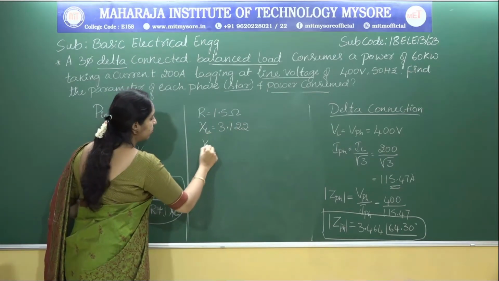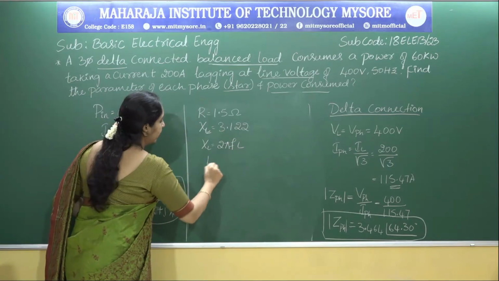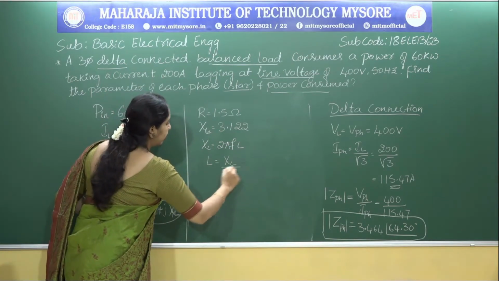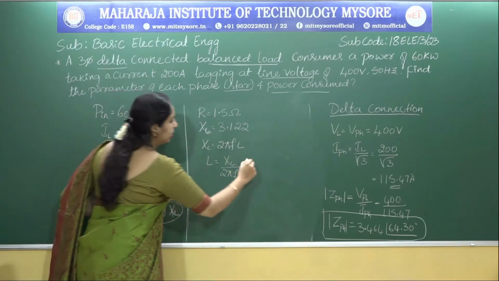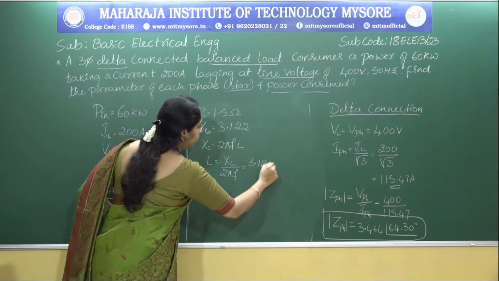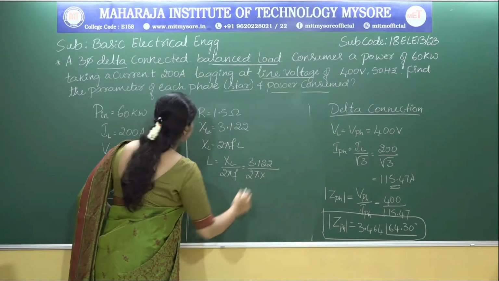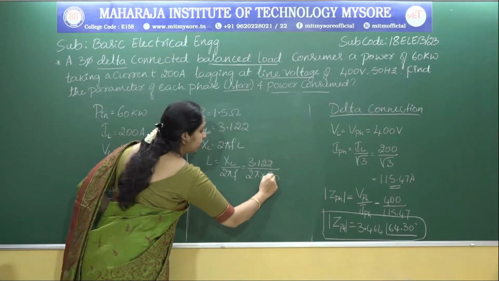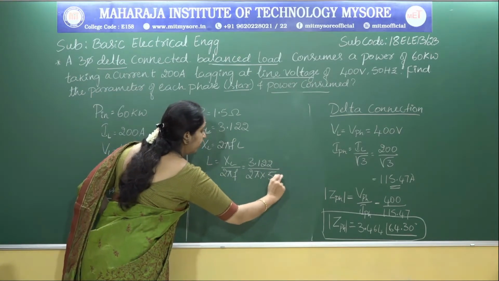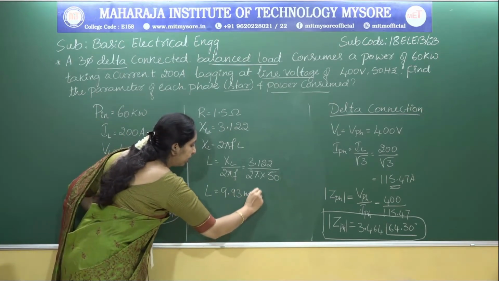Of course, because you know that XL is equal to 2 pi f into L, where L is equal to XL divided by 2 pi f. XL is 3.122, divided by 2 pi into the frequency value, which is also given in the problem, that is 50 Hertz. Finally, L is equal to 9.93 millihenry.